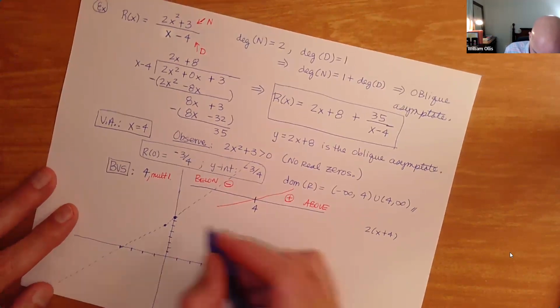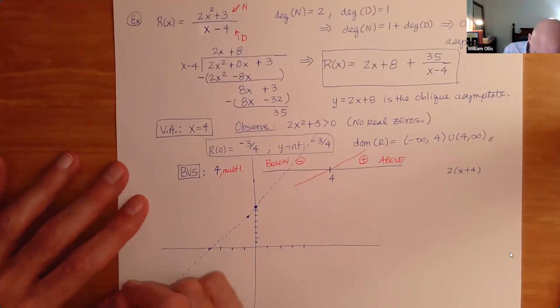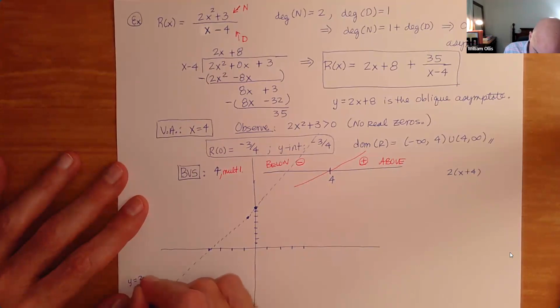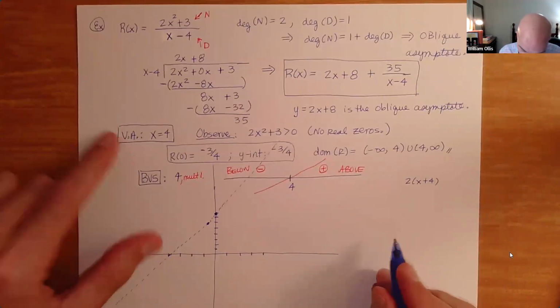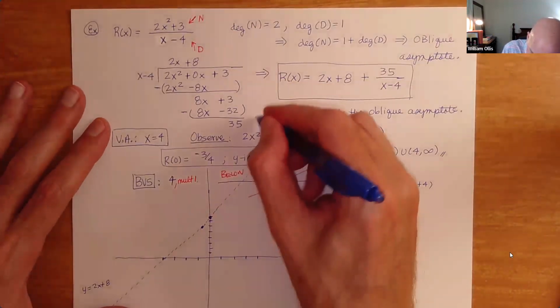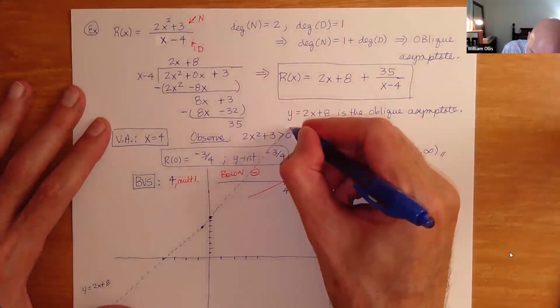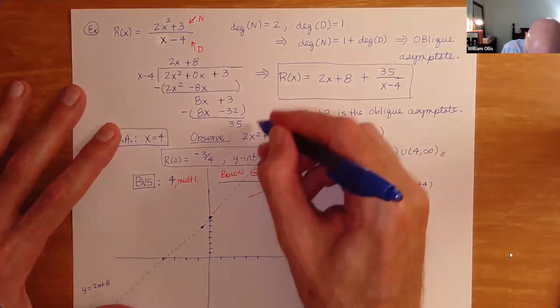There we go. So that's not half bad. So we have, in this case, y equals 2x plus 8. And then we have our vertical asymptote at 4. So I'm extending this all the way up here. So yeah, there we go.